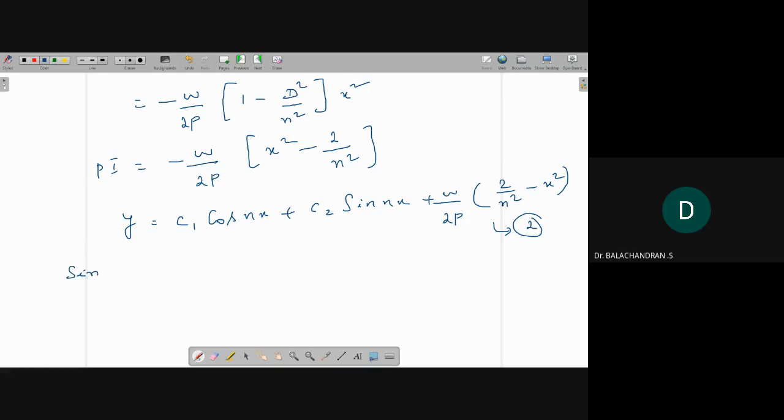Now you can tell, since the end x is equal to L is clamped at a height of delta from the origin.